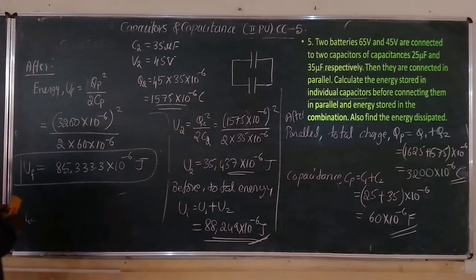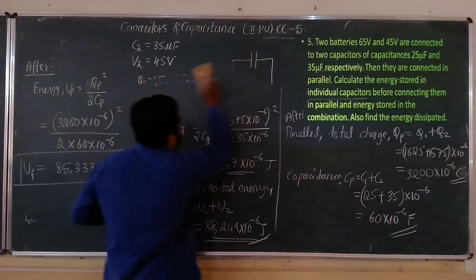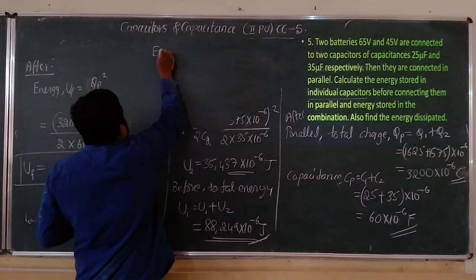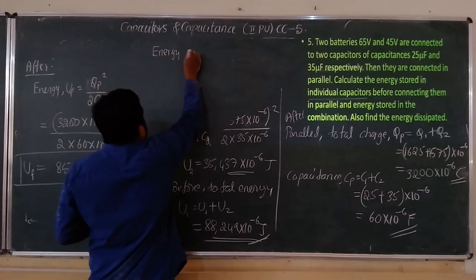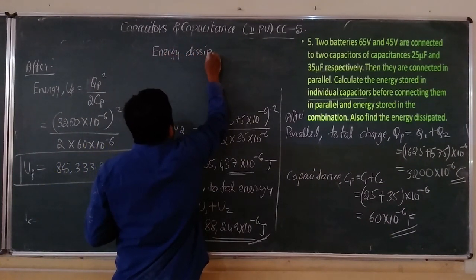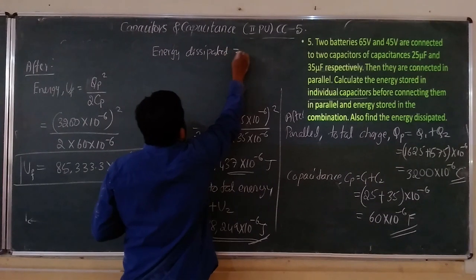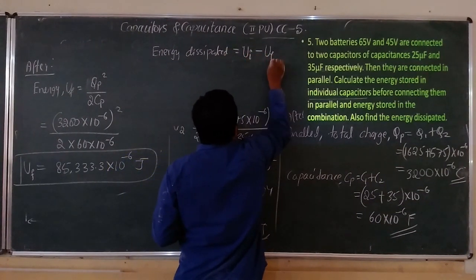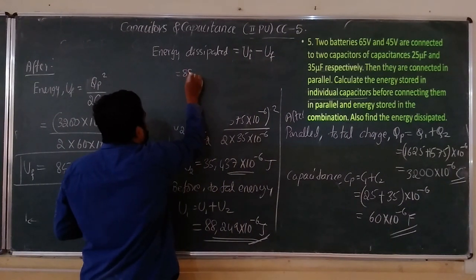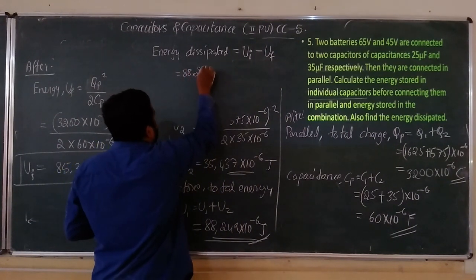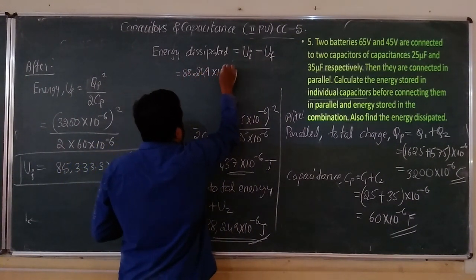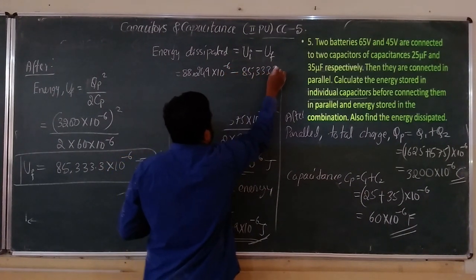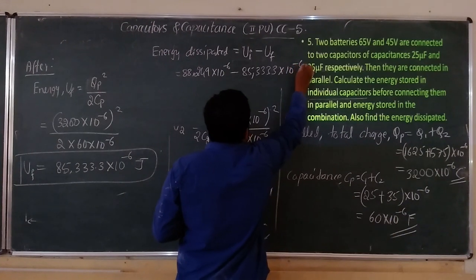So, energy dissipated, last part. When capacitors are connected in parallel, the amount of energy dissipated is equal to the initial energy stored minus the final energy, which is 88,249 into 10 to the power minus 6 minus 85,333.3 into 10 to the power minus 6.